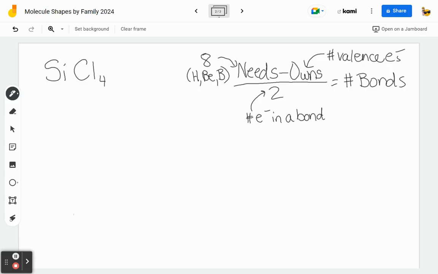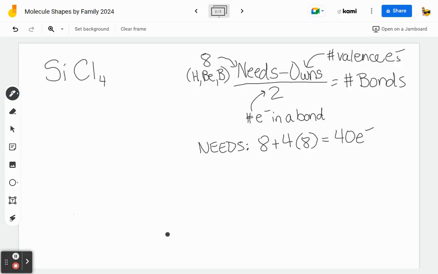So needs: silicon needs 8. We have 4 chlorines. They all need 8. So 32 plus 8 is 40 electrons is what we would need in order for everybody to be happy.